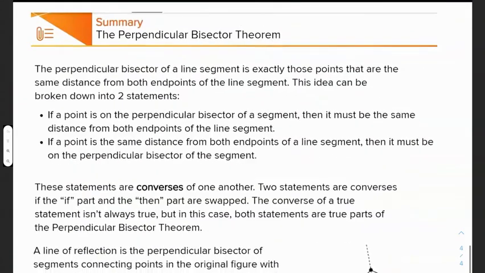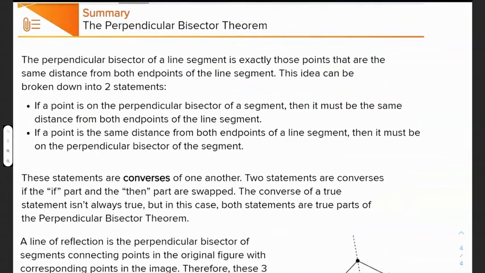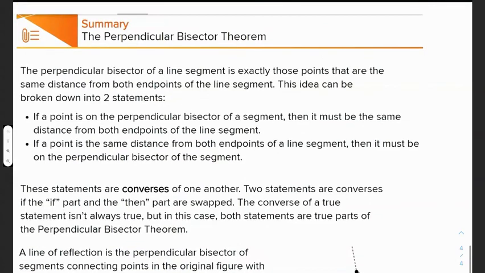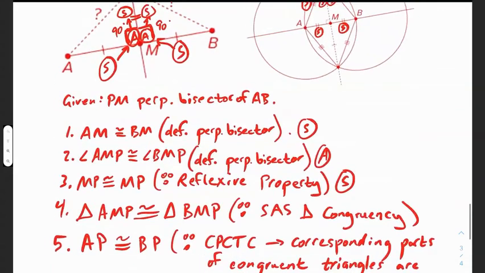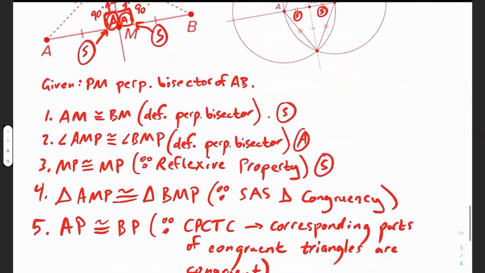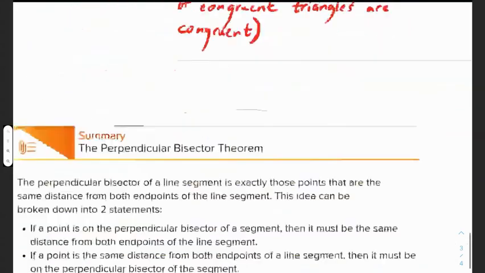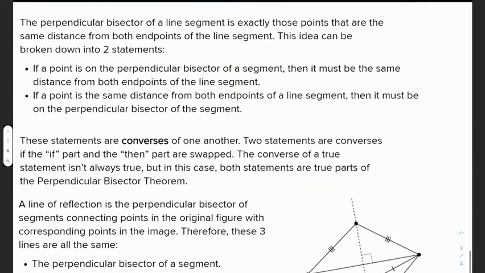All right, so in summary, the perpendicular bisector theorem, all right, is, let's see, the perpendicular bisector of a line segment is exactly those points that are the same distance from both endpoints of the line segment. So very much connected to the proof here, proving that AP is congruent to BP, that idea. So this idea can be broken into two statements.